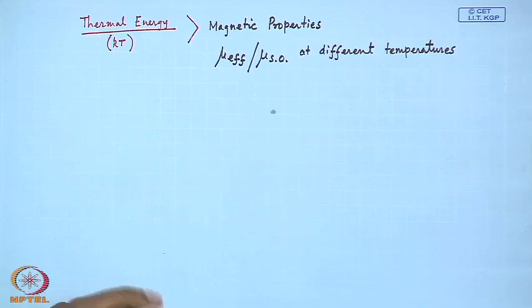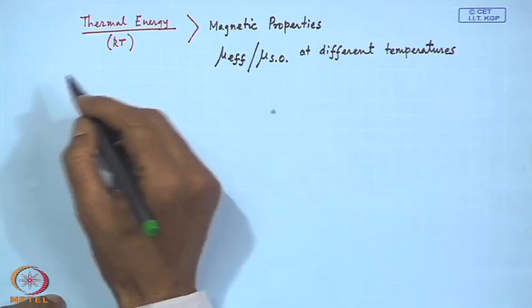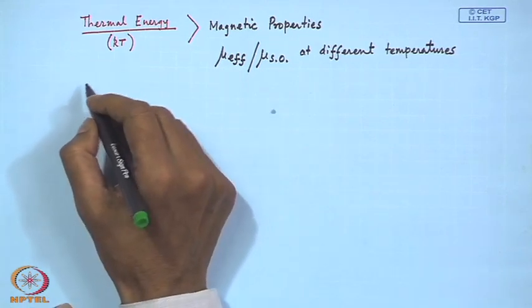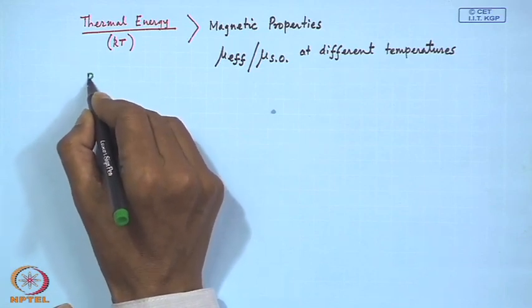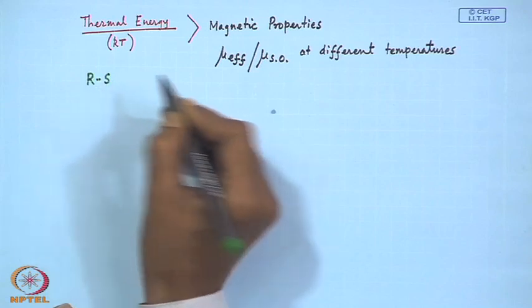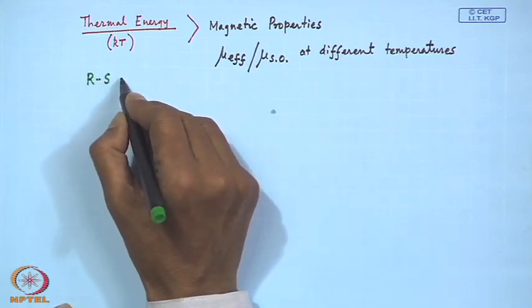This we can determine at different temperatures, and when we do so, we will see that the unpaired electrons which are available are coupled in the fashion we already discussed, the Russell-Saunders coupling scheme.